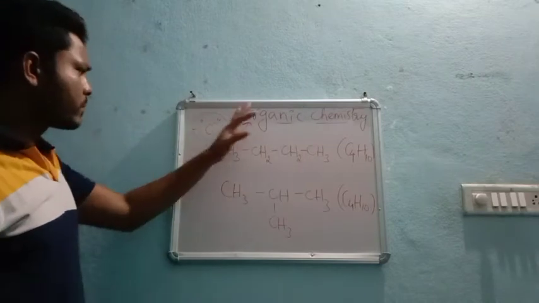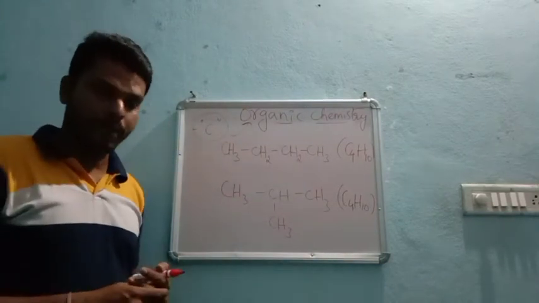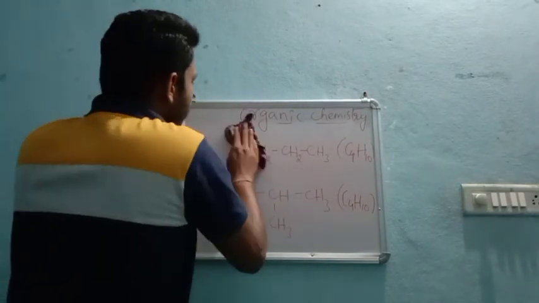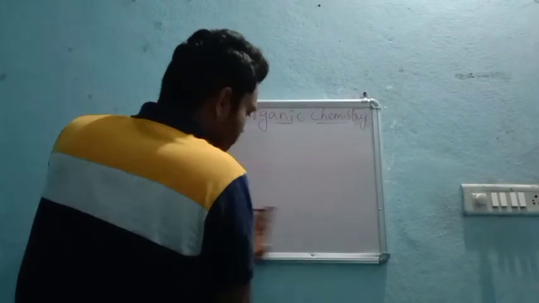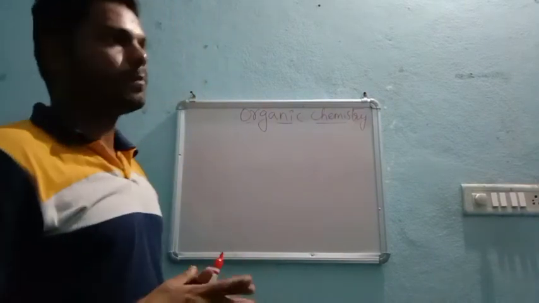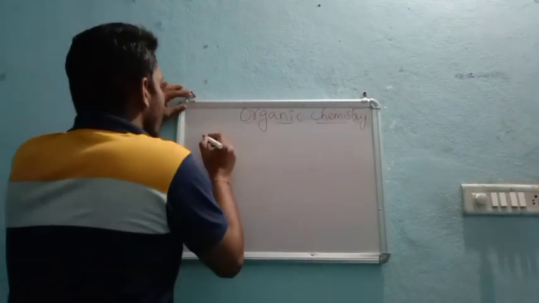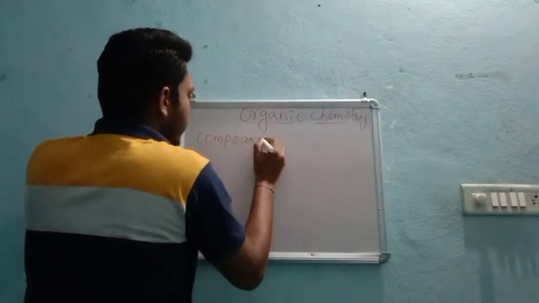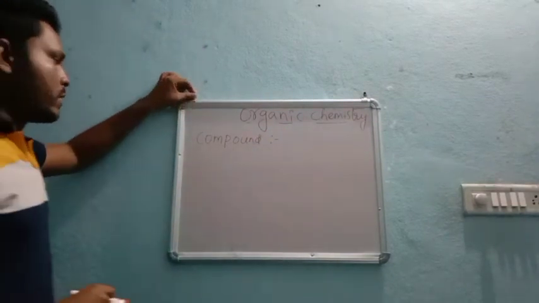So these are some basic characters of carbon. And moving to the other part, we see some basic points. Now let us consider a compound having carbon. How does that compound behave?